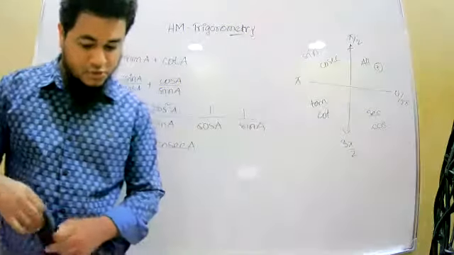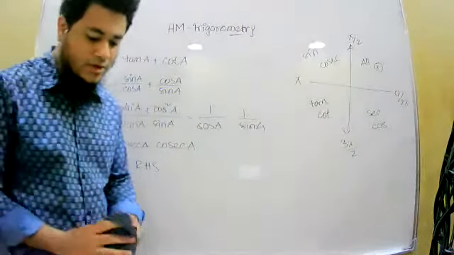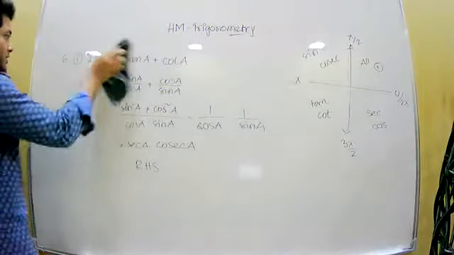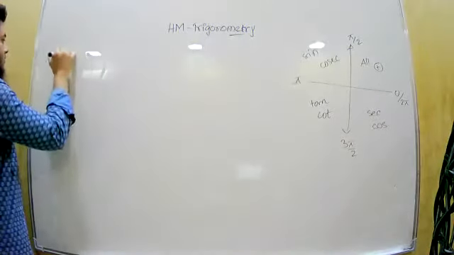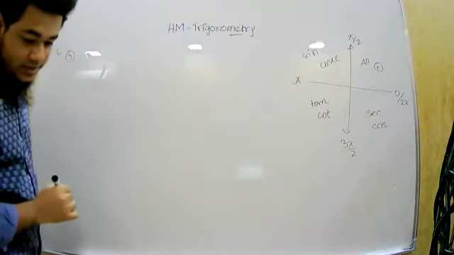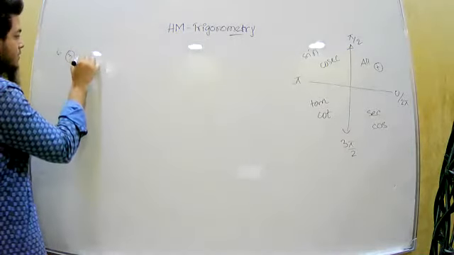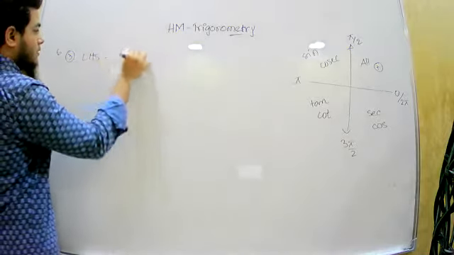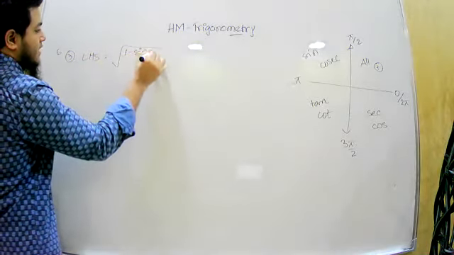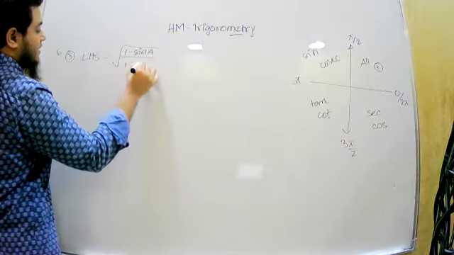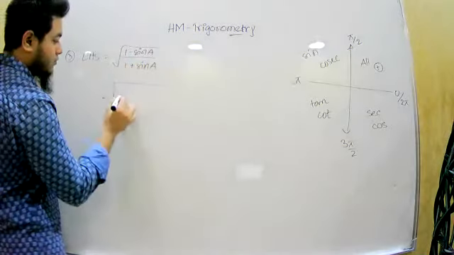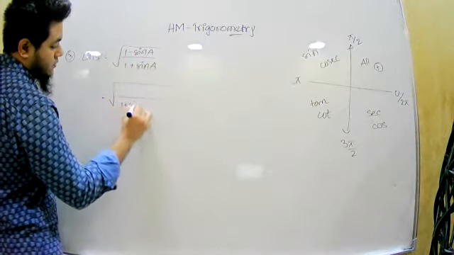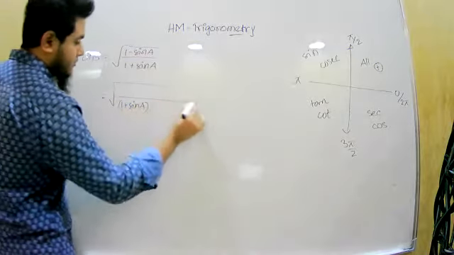Now number 2 and number 3 are quite similar. I will solve one of them, and the other one you will solve yourself. I will solve problem number 3. The left hand side says root over 1 minus sin A divided by 1 plus sin A. In such cases, what we do is multiply with the opposite of the denominator.